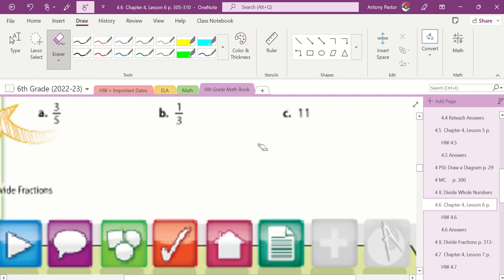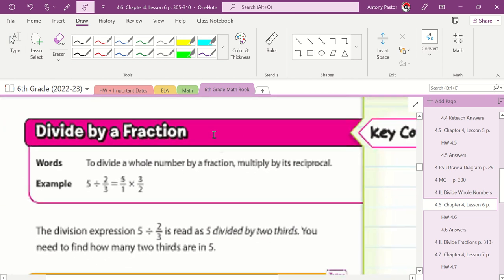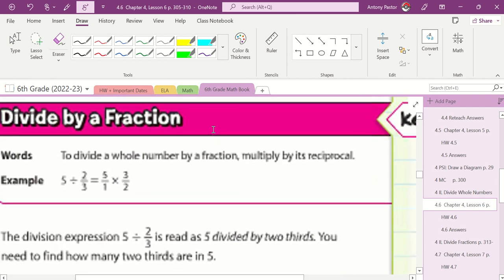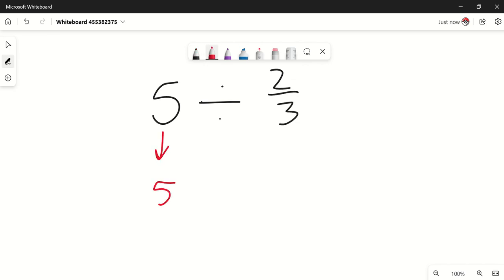Now, again, we do the reciprocals because we are going to be multiplying after we change our division problem into a multiplication problem. So we're going to use the example 5 divided by 2/3. Again, our 5 will come straight down into our new equation.